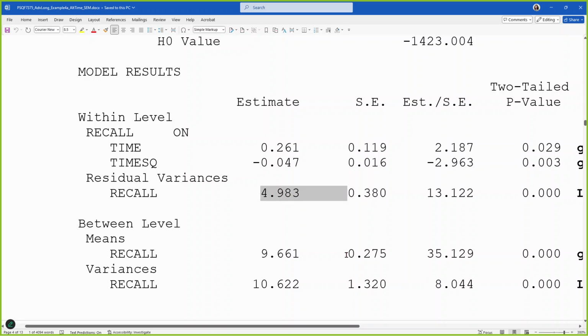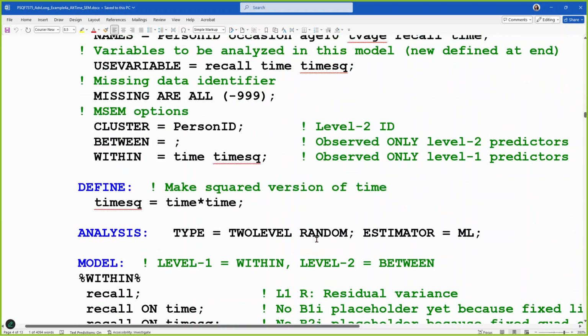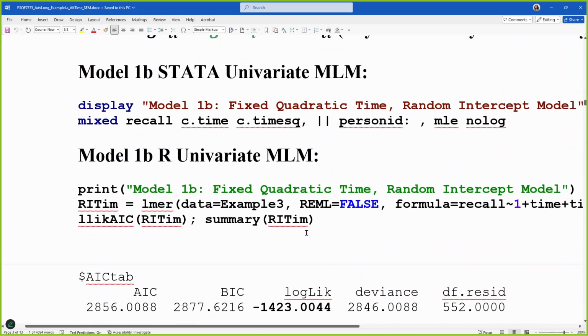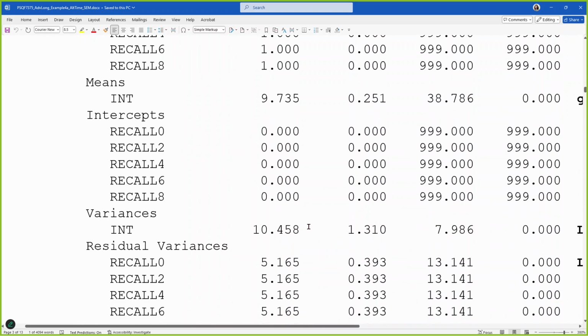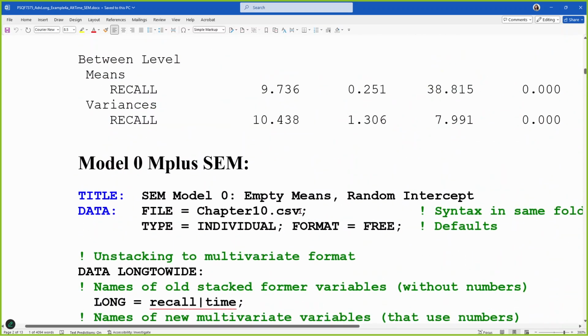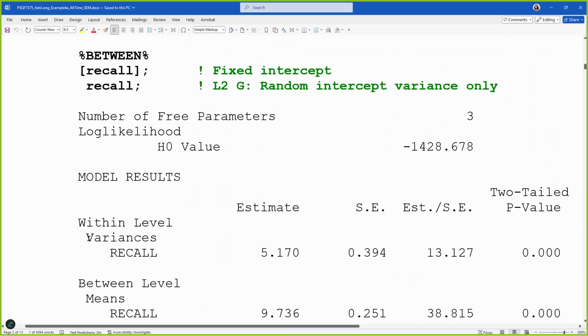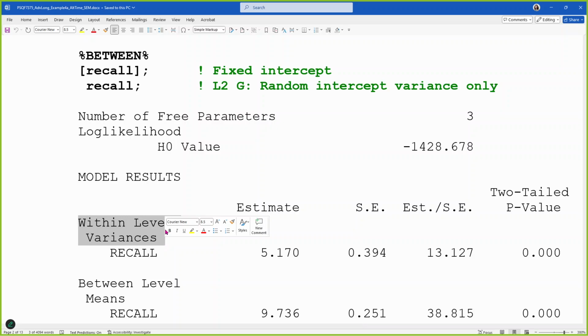How about 4.9? What would I call that? Residual variance. Yep. It's level 1 residual variance, and it's also leftover. So note in the empty model, go back to that for a second, far back, it was called within level variance because it was unpredicted.